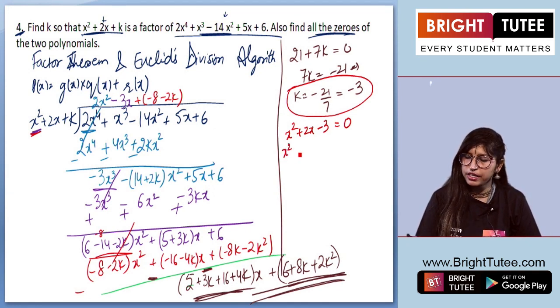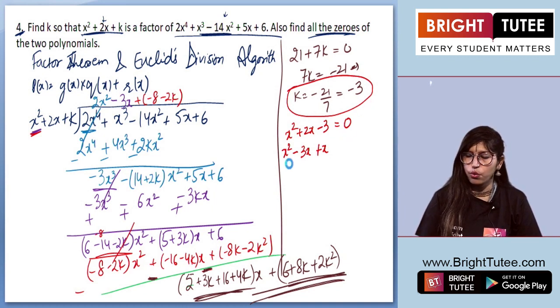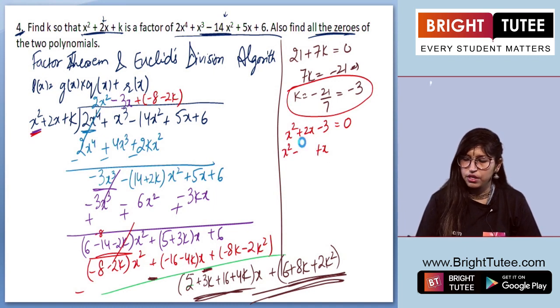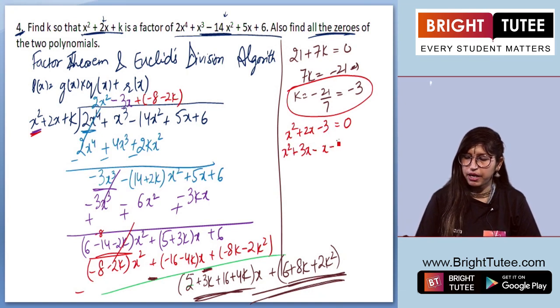So we can straight away write 3x and x, but we need minus 3, so minus 3 over here and plus x over here, isn't it? No. Why? Because we need plus 2x over here. So for the bigger one, it should be plus 3x and the smaller one would be minus x. Minus 3 equals 0.